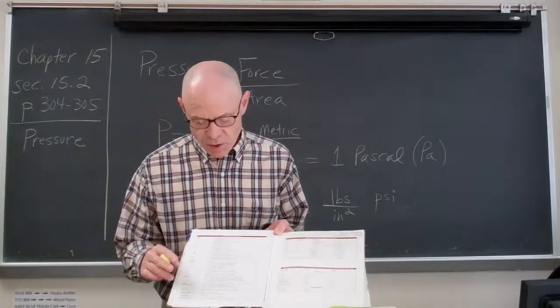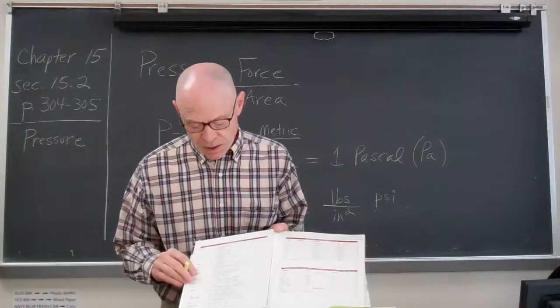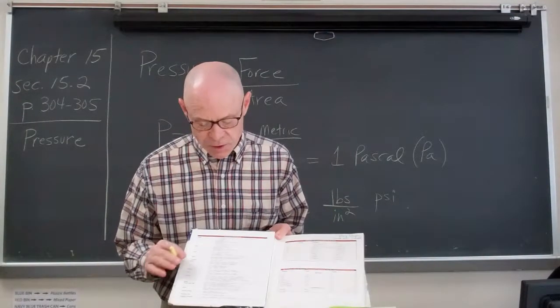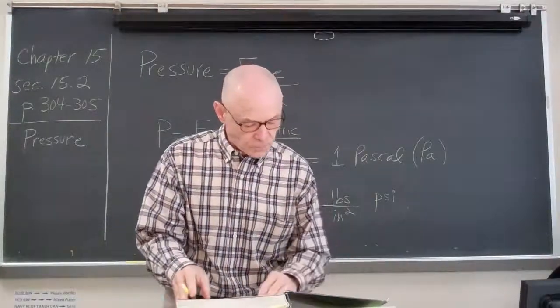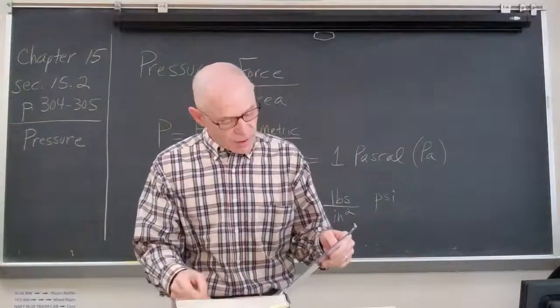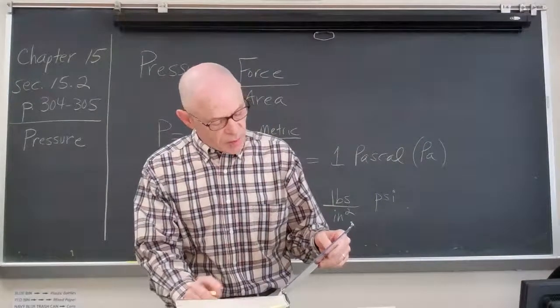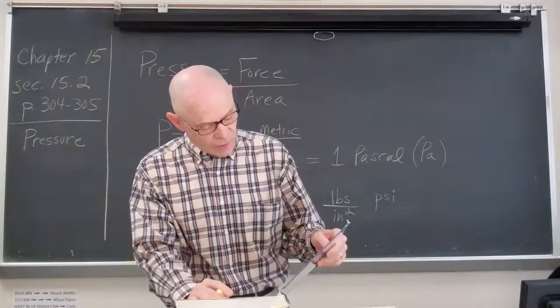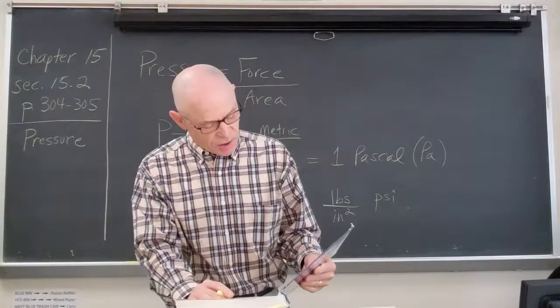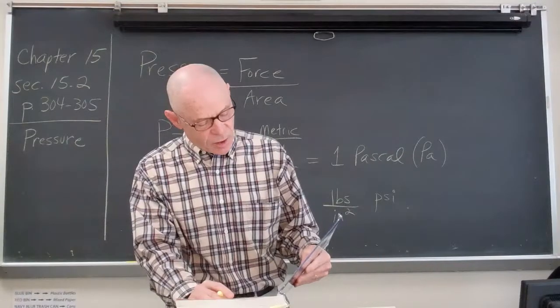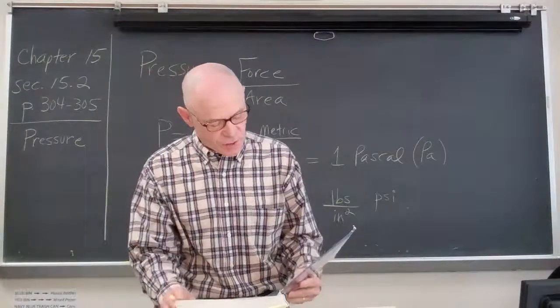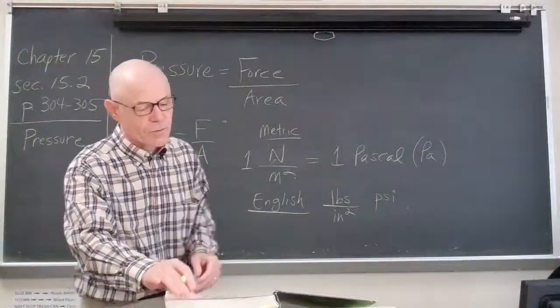And as with all conversions, there's two different versions of this conversion. And a newton per square meter and a pounds per square inch are wildly different. You'll see in this conversion that you have almost 7,000 newtons per square meter, not quite, per pound per square inch. So they're very different units.